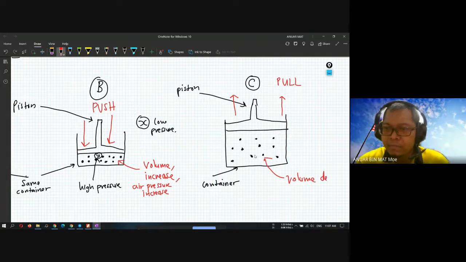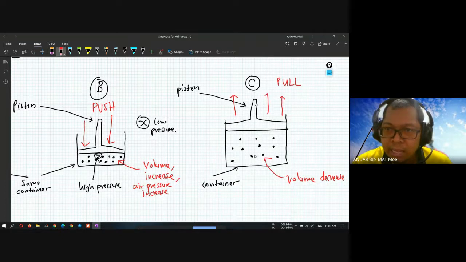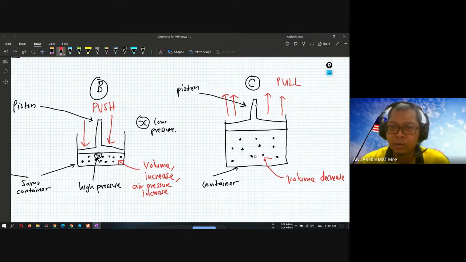By using force, I pull the piston upward. At the same time, when the volume decreases, what happened to the air pressure inside? Lower. Okay, the air pressure becomes lower, or the air pressure decreases.